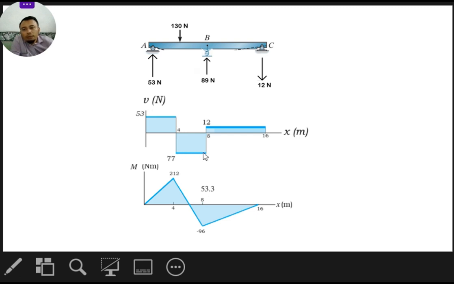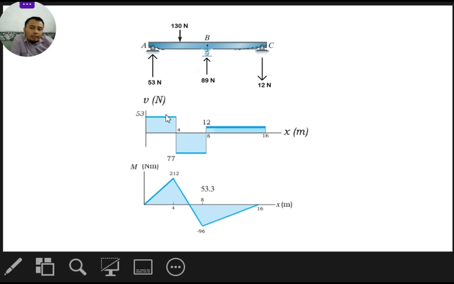And then there's no force acting, and then a reaction force at By upwards 89, so negative 77 plus 89, you get 12. Then 12 here, so it's balanced.